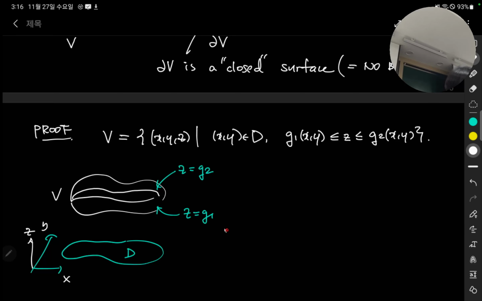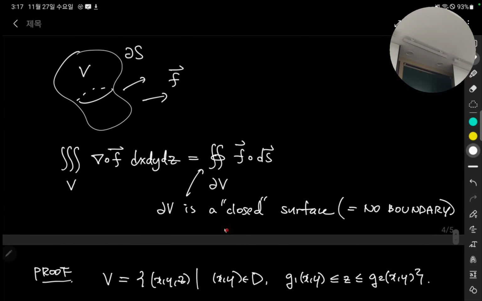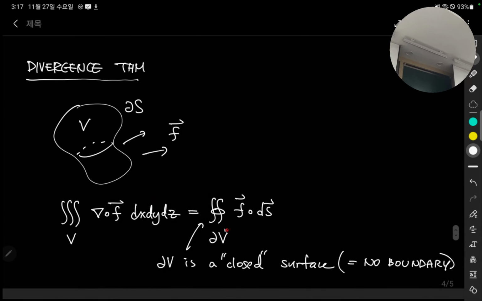So let's think about the surface integration. On the left-hand side of the divergence theorem, it's just the triple integration, the Riemann sum. On the right-hand side, you have surface integration, so we need an orientation of the surface. Here, the orientation is always assumed to be outward, so n points outside of the volume.